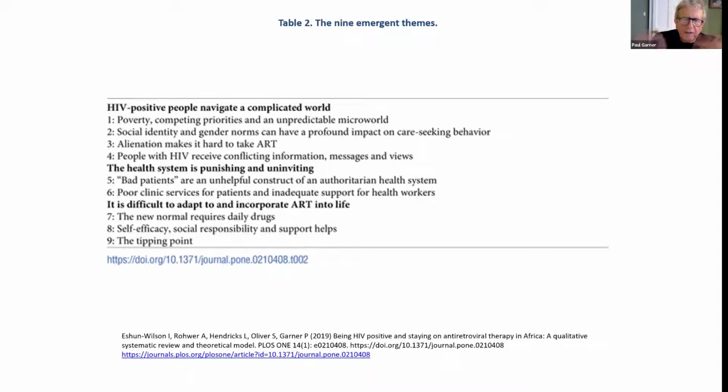And suddenly there's this wealth of literature, an absolute ton of literature out there, and understanding what it's like to have HIV and beyond treatment in these circumstances, the poverty, the competing priorities, the difficulty within families of continuing to take these drugs, and the health system, which can be uninviting, not always, but can be punishing.